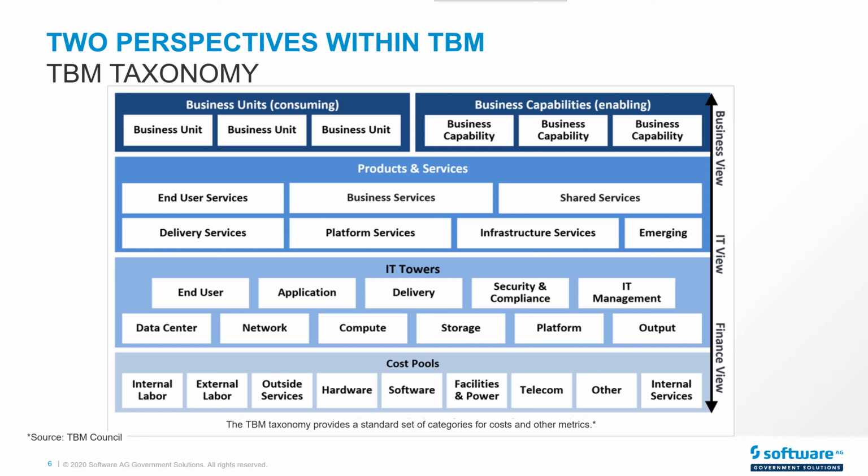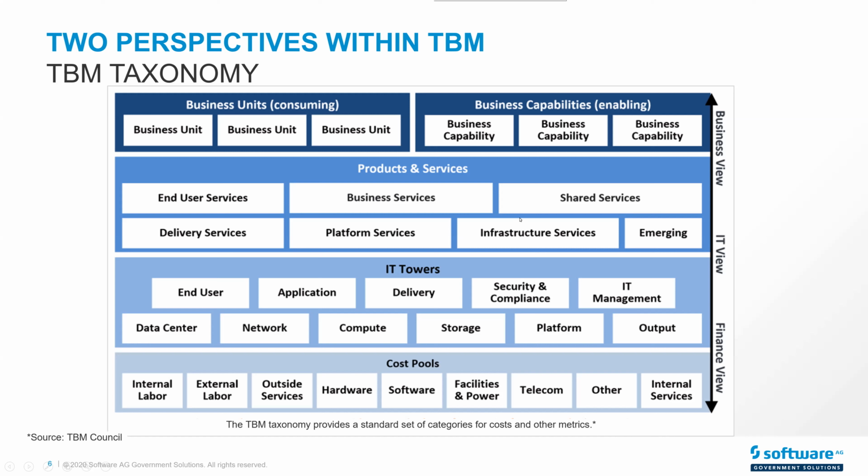As we move up, we are now into the IT view, where we're taking those assets for applications and projects and so forth. And then we're looking at the different types of products and services that our agency or our enterprise provides.